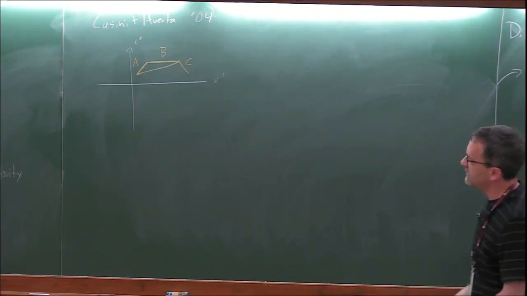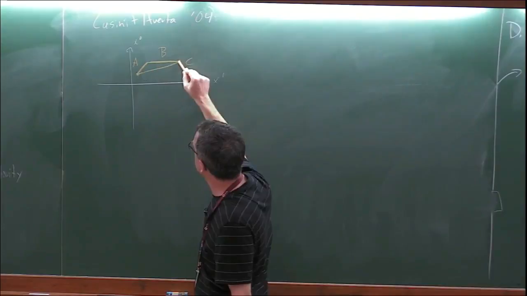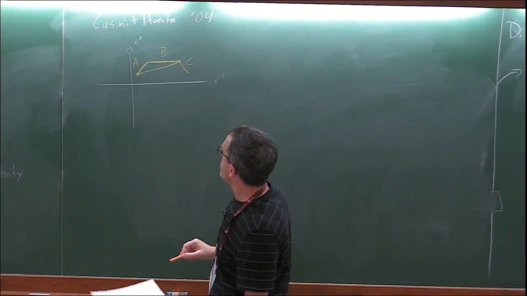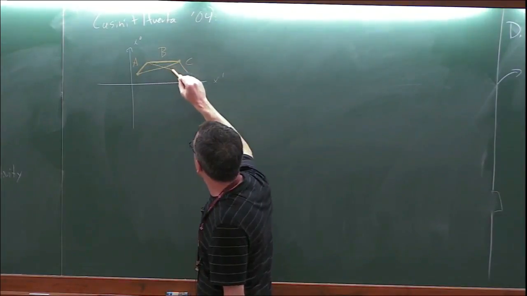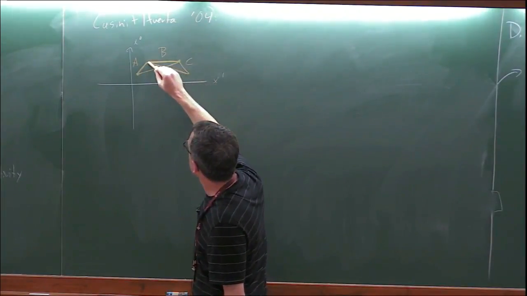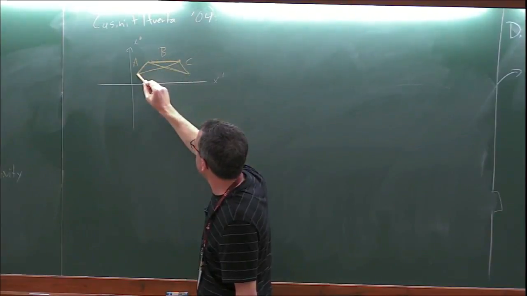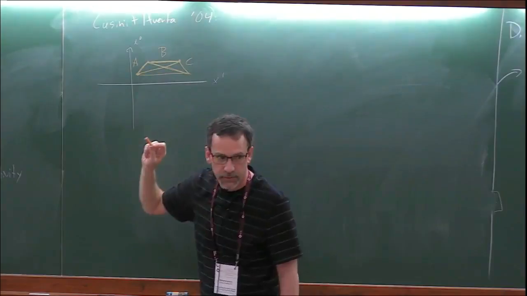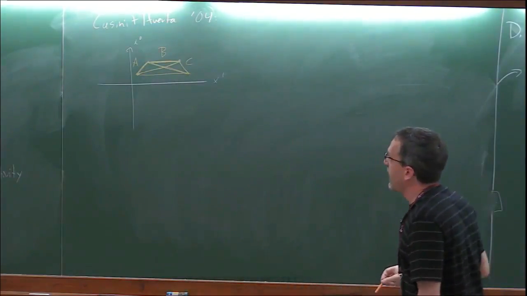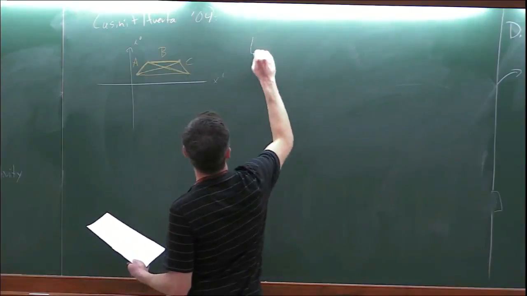So it's a function of the proper distance between this point and this point. And C is a function of the proper distance between this point and this point. And then you have ABC, which is a function of the proper distance between this point and this point. And it's a simple thing to prove that these lengths obey this.